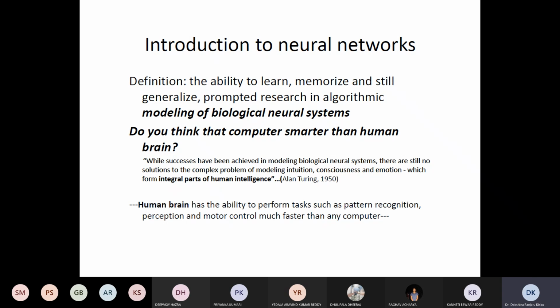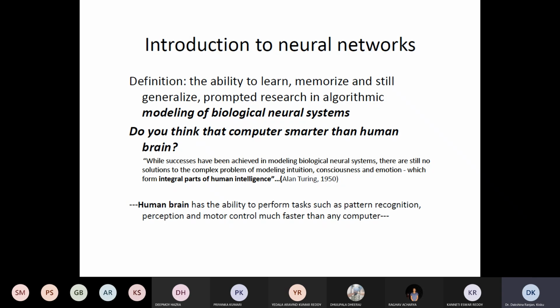Okay, and they allow computer programs to learn patterns. It recognizes patterns, and it can also solve the problems which are commonly found in artificial intelligence, machine learning, and deep learning. So neural networks are also known as artificial neural networks and simulated neural networks.